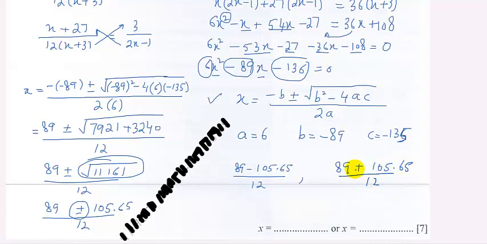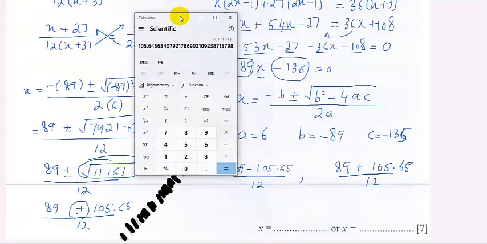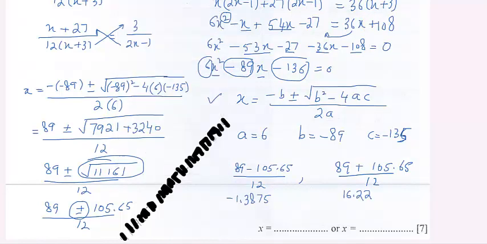Okay, so let's do one by one using the calculator. We have to give the answer to three significant figures. The answer is minus 1.39, and here it is 16.2. 7 marks.